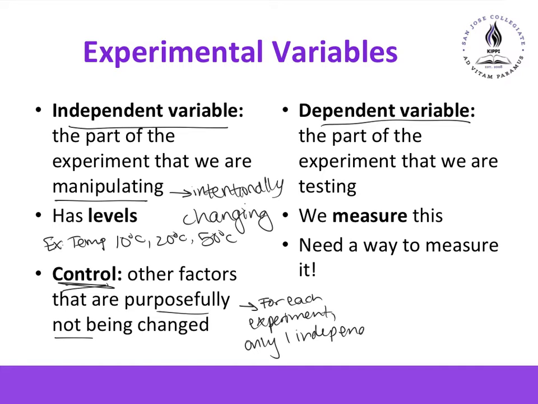What that means is, let's say I want to see how temperature affects reaction rate and how surface area affects reaction rate. That's fine, but I need 3 different levels for each one, and then I also need to keep surface area the same during the temperature trials. Now for the second one, it might be 3 different levels for surface area, but I need to keep temperature the same for those trials. And the dependent variable is the part that we are testing.